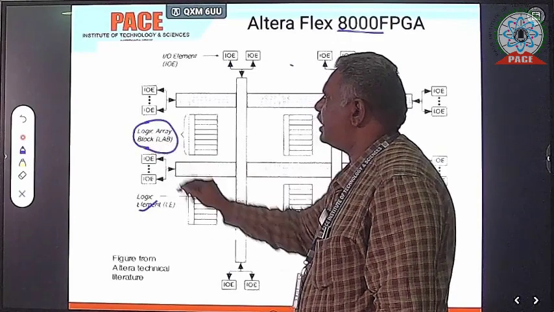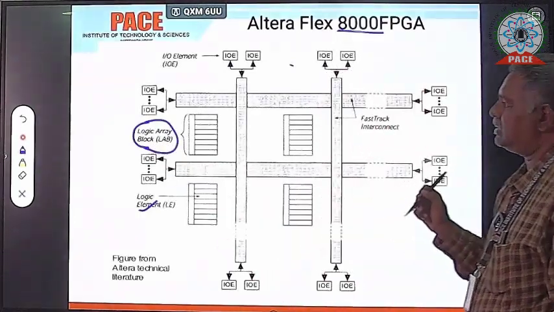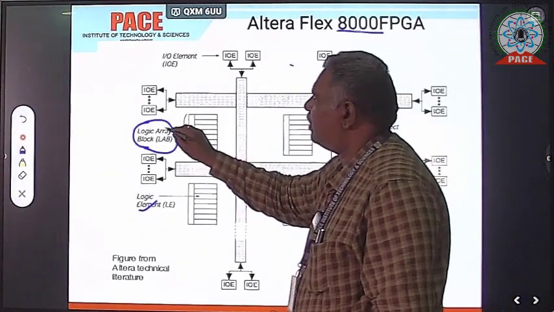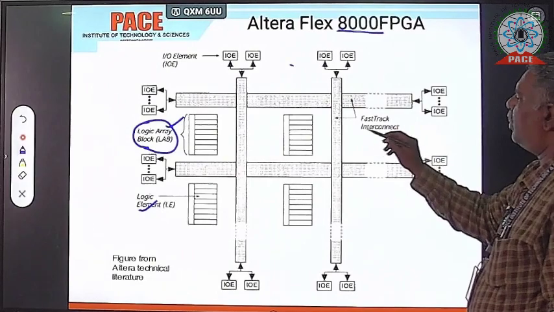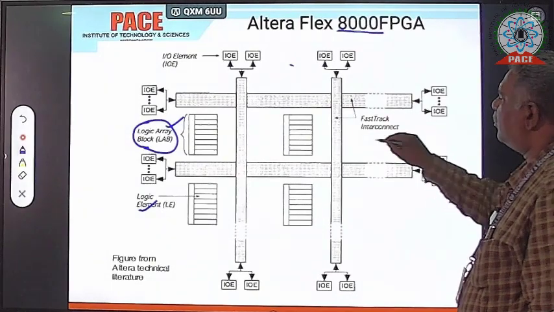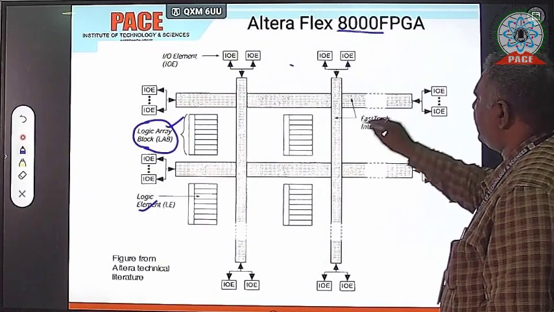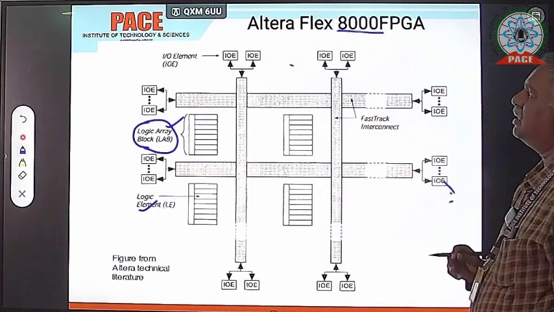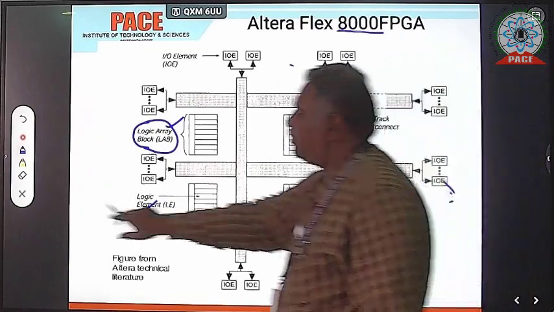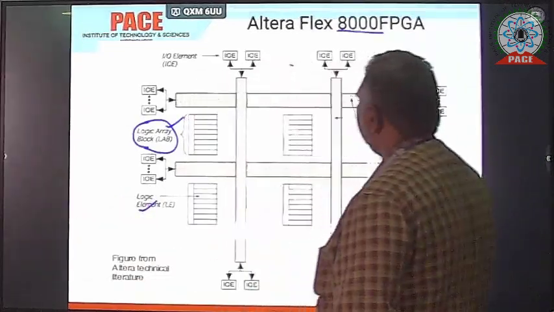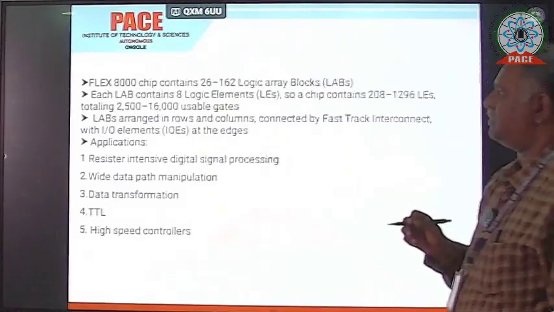So in the 8000 FPGAs, additionally we are going to have logic arrays. One more important feature is fast track interconnects, which is also one of the important parts in the design of the 8000 FPGA. We will see this in detail. What are the advantages of this one?